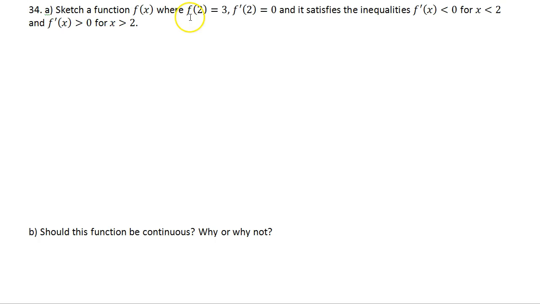Okay, sketch a function where you're given these values and it satisfies inequalities. F prime is less than 0 for x less than 2. F prime is positive for x greater than 2. So let's think about what's going on at 2.